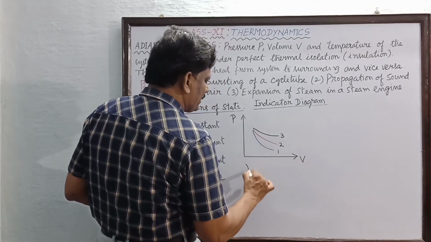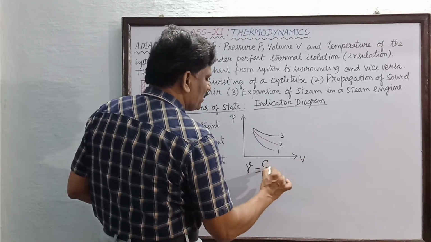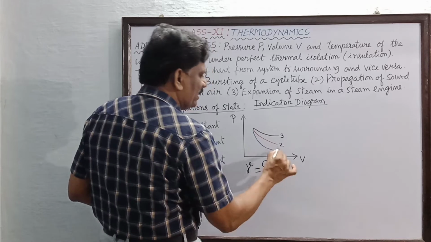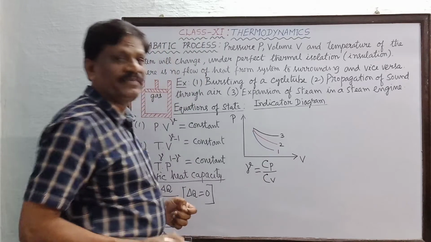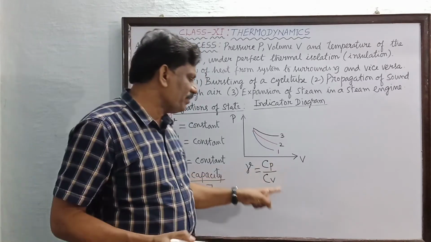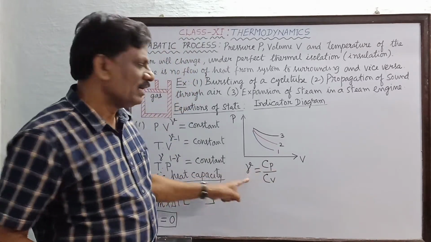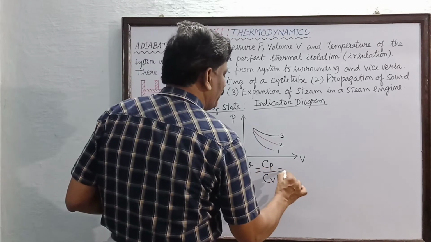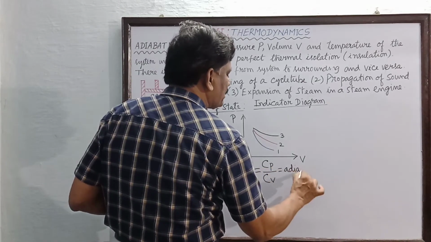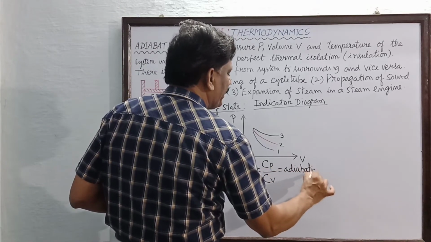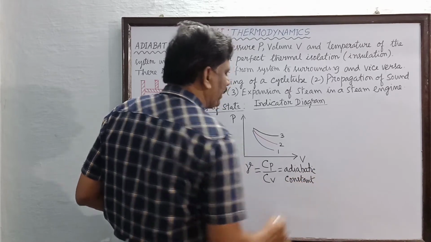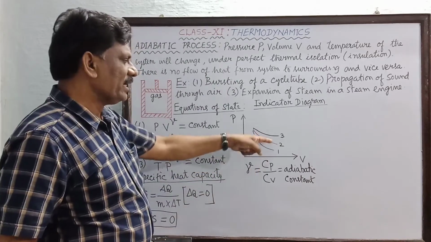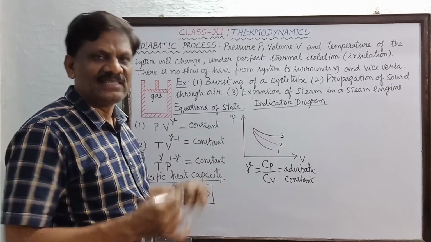The difference is gamma. Gamma is different for different gases. Gamma is the ratio of the principal specific heat capacities, Cp by Cv is equal to gamma, and this is called the adiabatic constant. The value of the adiabatic constant for mono, diatomic and polyatomic gases will differ.